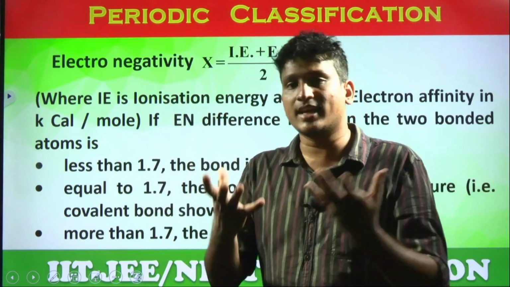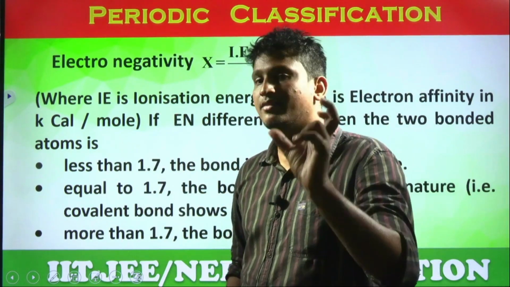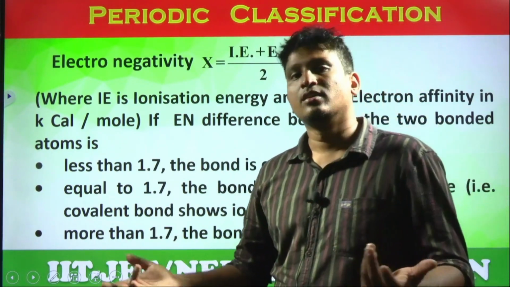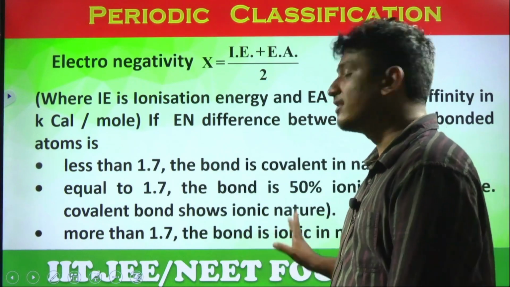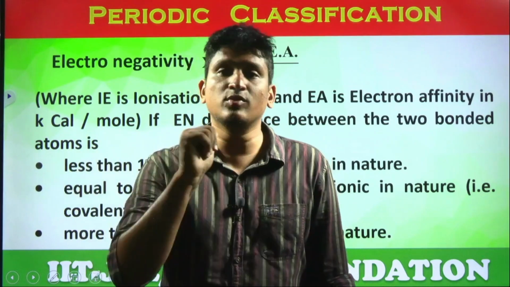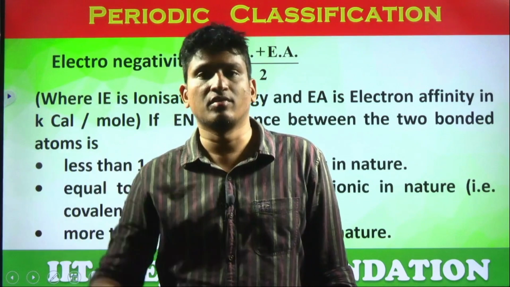Then what bond can we expect? Covalent bond. If it is equal to 1.7, 50% ionic character and 50% covalent character, both are present. If it is more than 1.7, then definitely ionic bond, meaning one atom loses and one atom gains. The less electronegative element loses, and the more electronegative element gains, right?